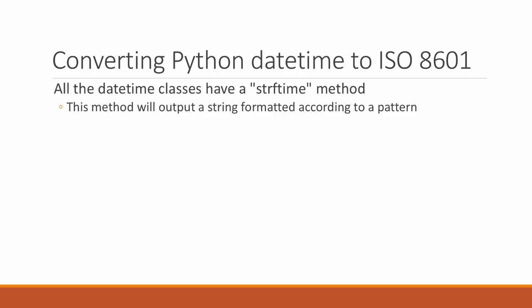Well, all the datetime classes have a strftime method. I think it's string format time. I'm not sure exactly why it's called that. This method outputs a string according to a given pattern.